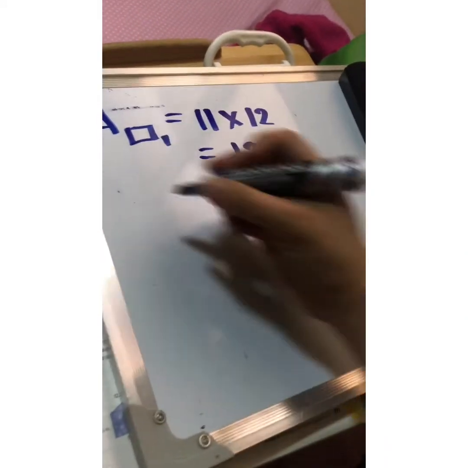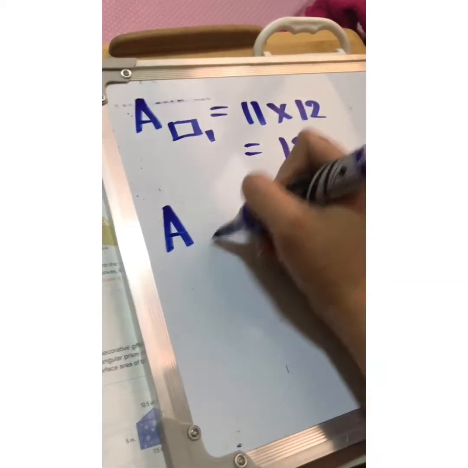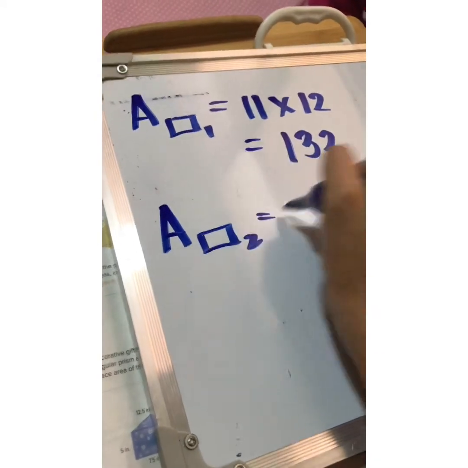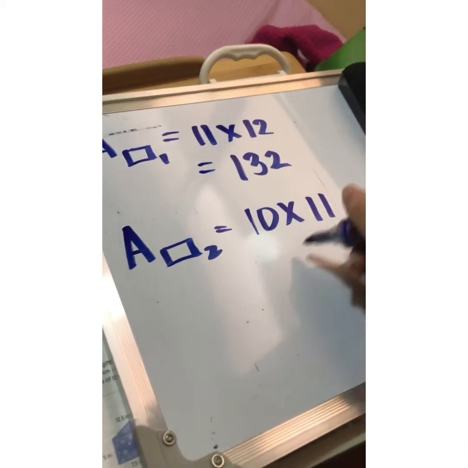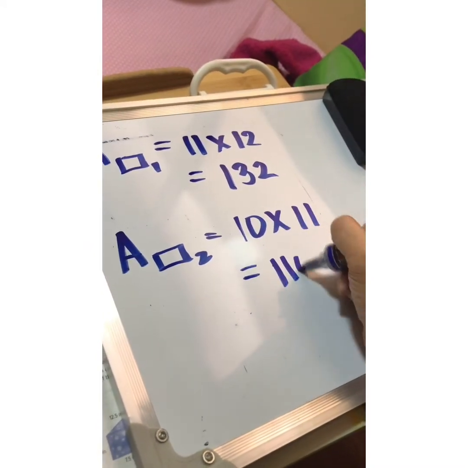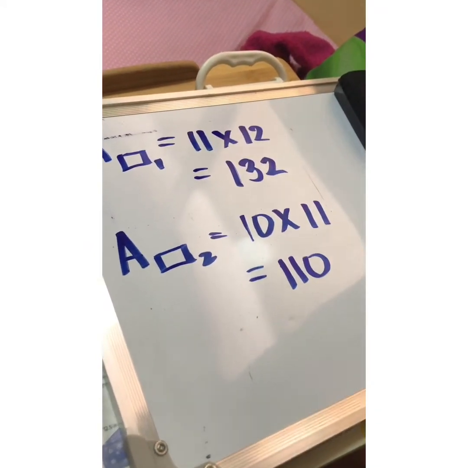You'll just multiply it. Area of rectangle 2 equals 10 multiplied by 11. That would give us 110. Okay, so again, same thing, you'll write it there. 110.